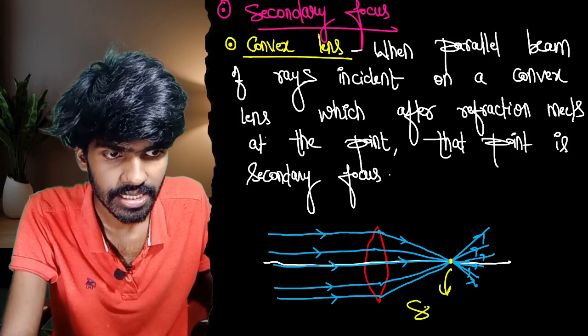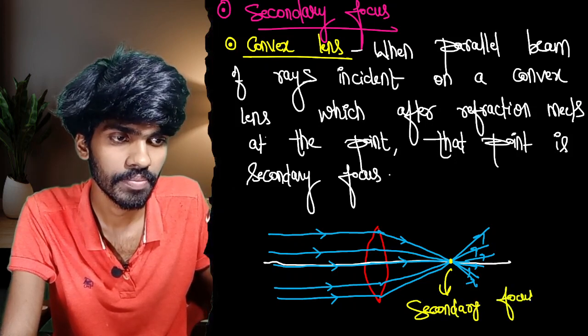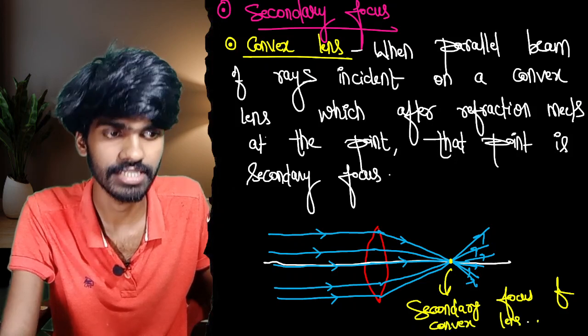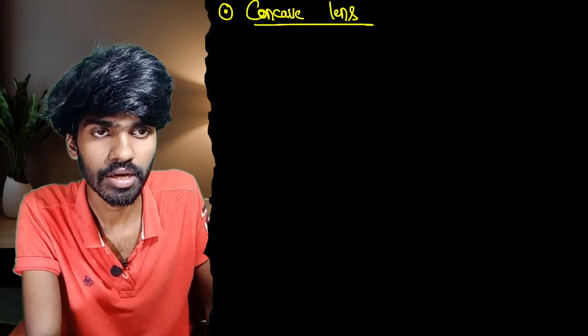So this is the secondary focus of the convex lens. Okay, similarly let us write it for the concave lens.